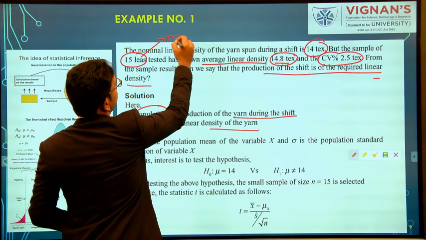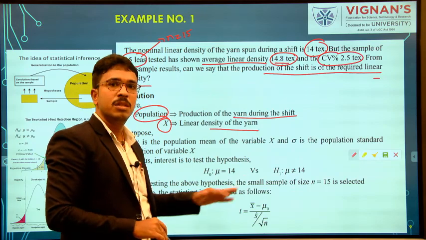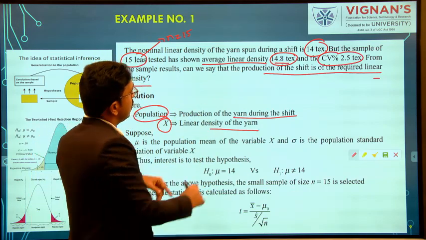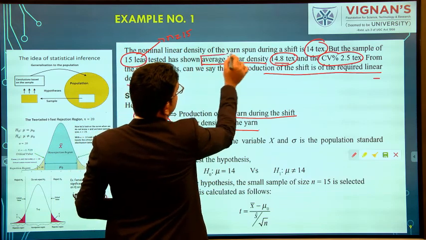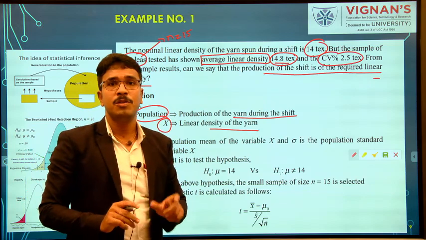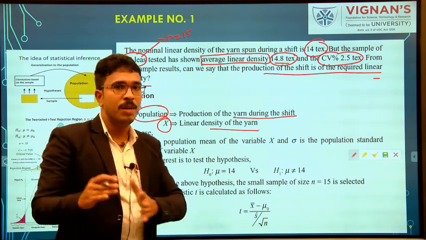This n is 15, so obviously it is less than 30. That is one criterion satisfied. And the average linear density is about the population mean. So we can confirm that we can go for small sample testing.